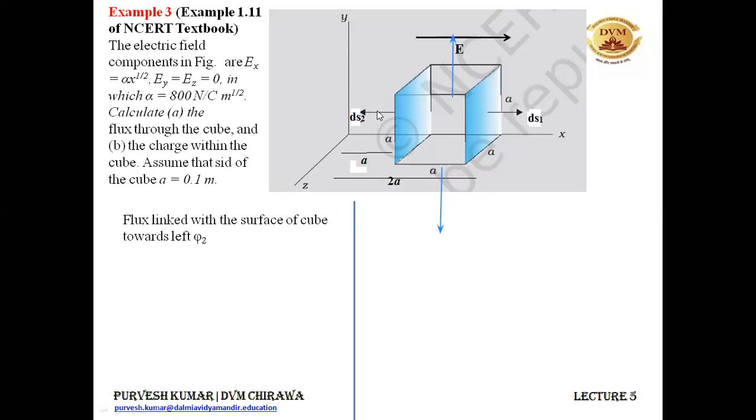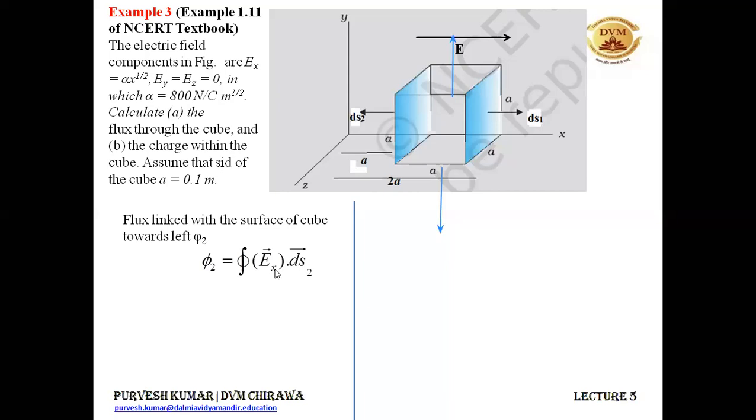So we need to find the flux linked with this surface of the cube, and we have marked it as phi 2. So phi 2 will be equal to the electric field having a dot product with ds2. All right. Since we are talking about this surface only, we are taking it as ds2 only. The area vector for this surface is ds2. So the dot product of the electric field with this ds2 can be written like this.